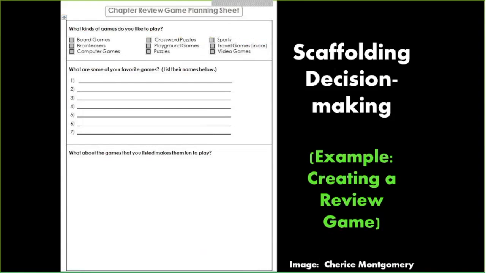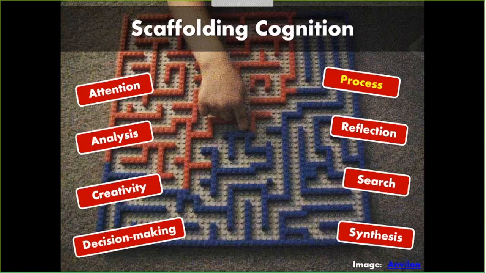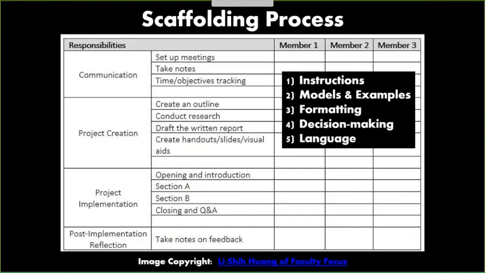They are going to need to be able to think about what kinds of games they've played. What made those games fun to play? What are the characteristics of the games that you played? What do players have to do to win? Which of those elements are you going to put in your own game? So they need an opportunity to kind of think through that, and sometimes the scaffolding that we provide can help them with that kind of process.